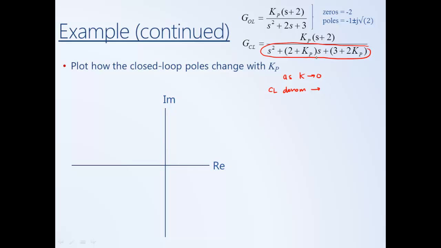So Kp is 0, those terms go away. We're just left with s squared plus 2s plus 3. And if we look at that, the closed loop denominator becomes the same as the open loop denominator.